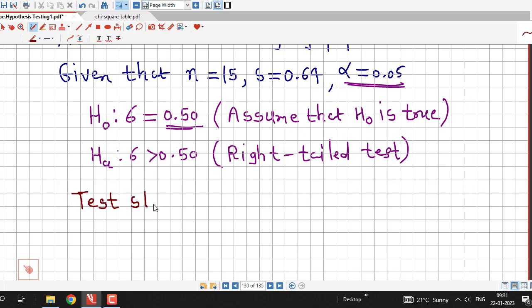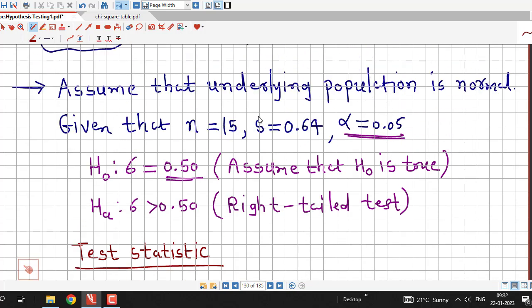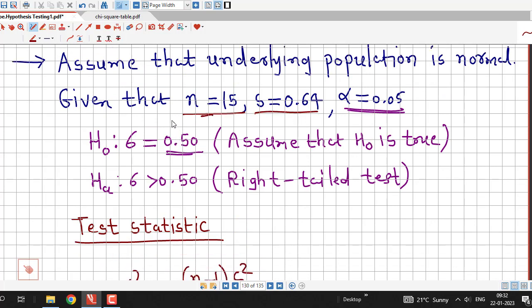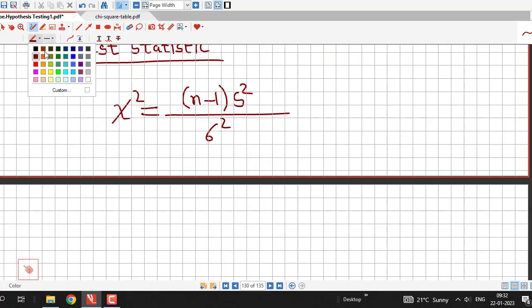Because underlying population is assumed as normal, test statistic will be given by chi-square equal to n minus 1 times s square divided by sigma square, and we have all these values. We have s equal to 0.64, n is 15, and we will consider 0.50 as sigma. So we can substitute all these values here.